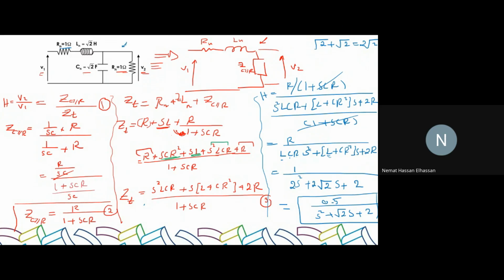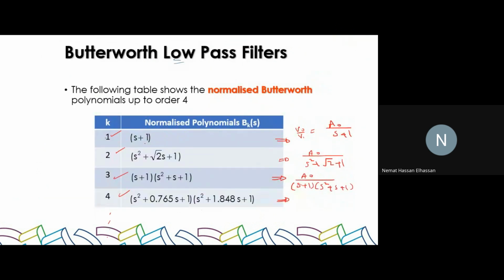Based on these values in the circuit combination, right? Now, if you look at this transfer function carefully, half divided by S squared plus square root 2 S plus 2, does it look like something from the table? Which is this one, right? Which is a second order filter, right?